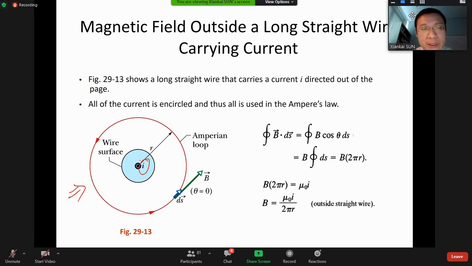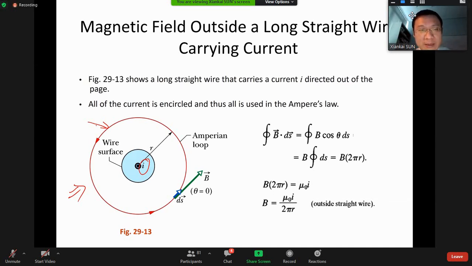Then we can draw a circle outside the wire, with the center located at the center of the wire. This is the circle that we draw, and that's also the Ampere loop.